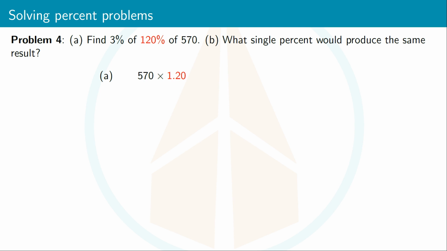Here we go, the usual process. We convert the quantity per 100 into quantity per 1. We multiply this quantity per 1 by 570 ones. We'll find the product, which will become the base. Now we'll find 3% of that new base. Finally, we'll find the product, which is 20.52.